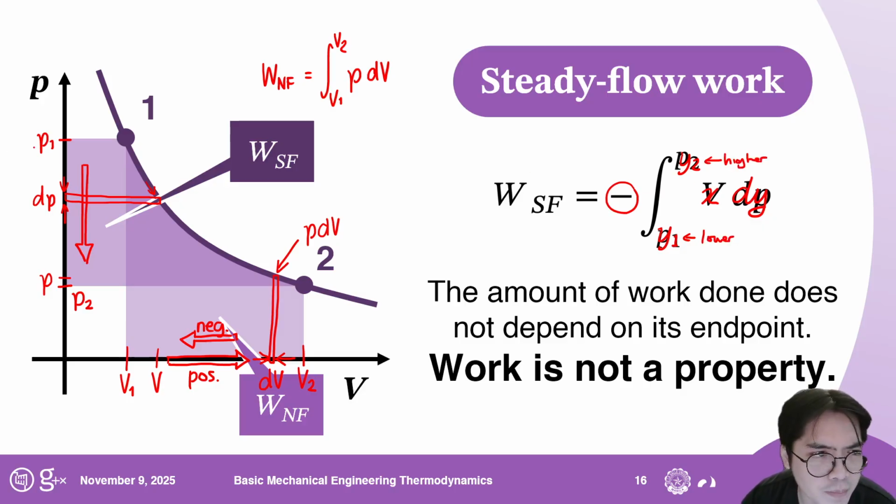However, in this case, your P1 is higher than your P2. That would register a negative area, but because of this additional negative sign, your work steady flow is actually positive. It's positive because this is originally negative, and then they just put another negative sign.